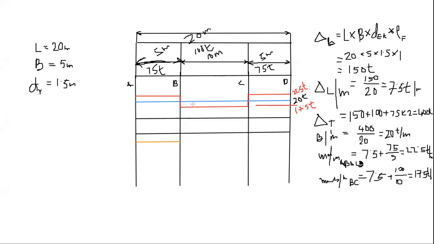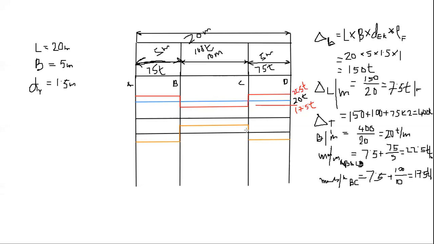And then from B to C, our buoyancy is more than our mass. So B to C will get a value of 2.5. It will be positive. And again here, it will be exactly the same, minus 2.5, if we deduct these two. So we have got a curve like this.